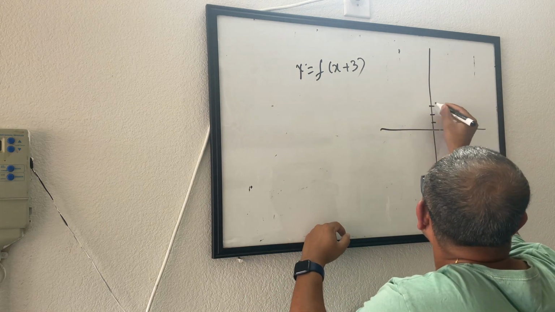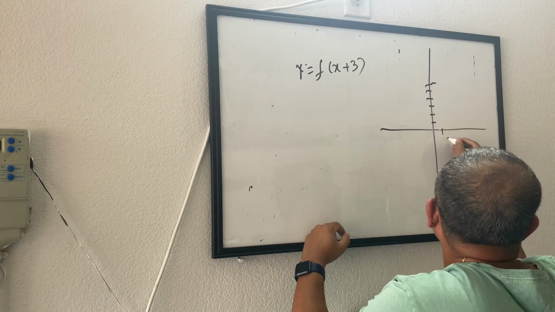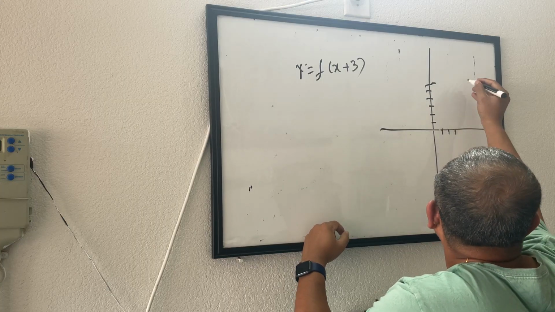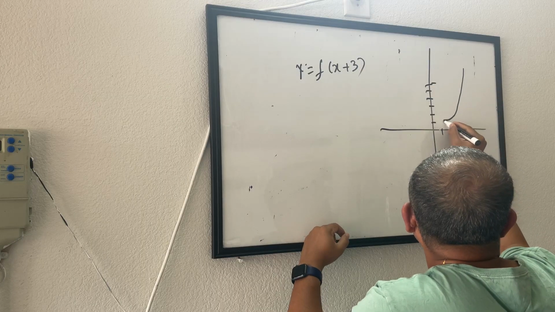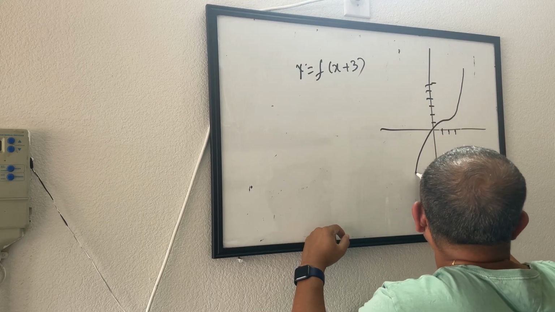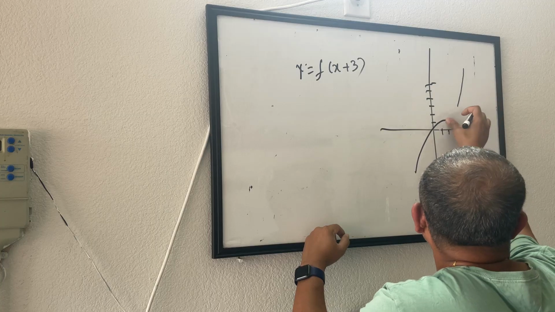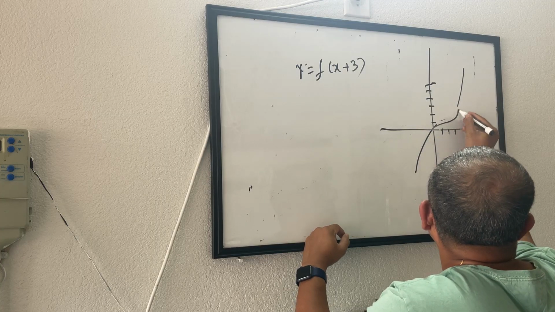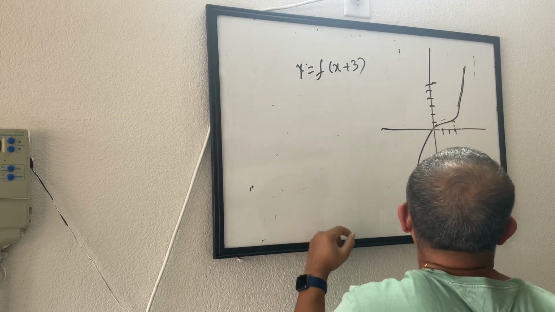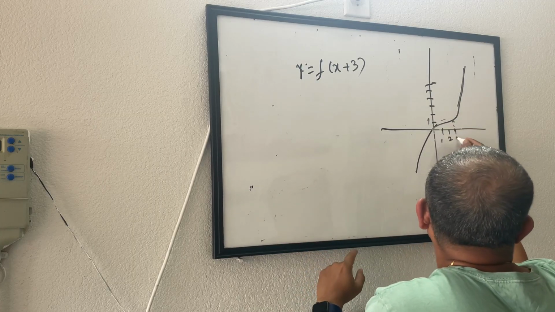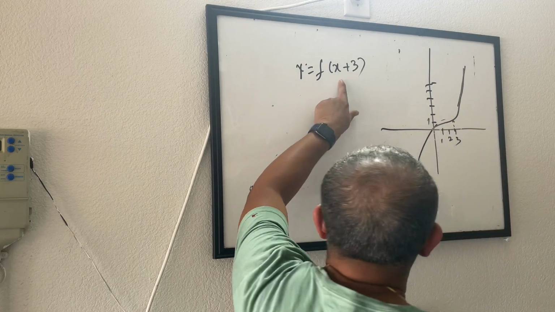1, 2, 3, 4, 5, 6. 1, 2, 3. The graph is going like this. This is a graph given to me.